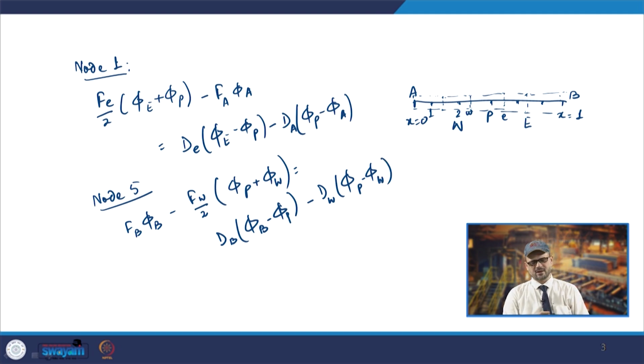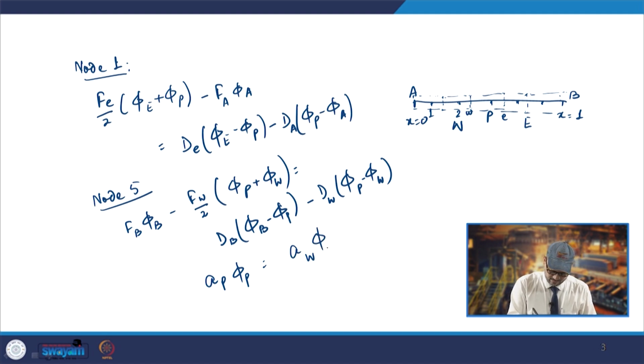So, these are the two equations which you get at the extreme nodes 1 and 5, and at other points you will have Ap phi p equal to Aw phi w plus Ae phi e plus the source term.